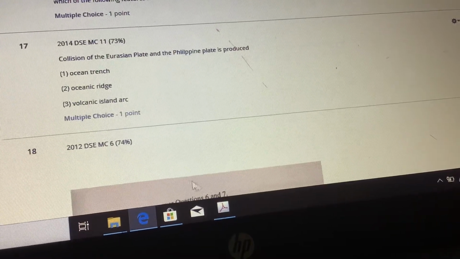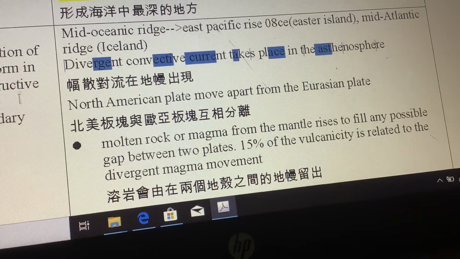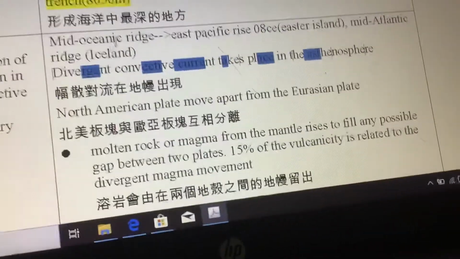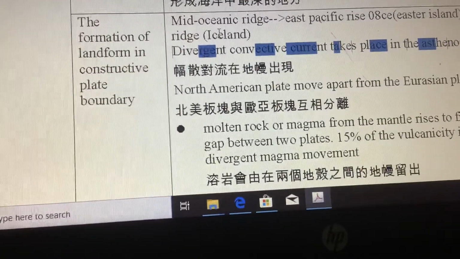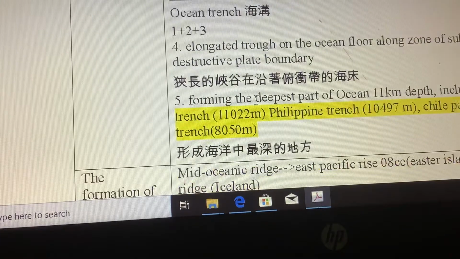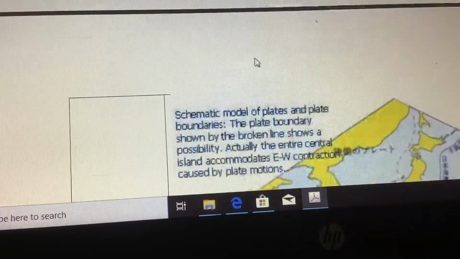Mid-oceanic ridge, as I've said before, is talking about a constructive plate boundary. So don't mix up the mid-oceanic ridge and the volcanic island, two different things. That's why I put ocean trench in between these two things.